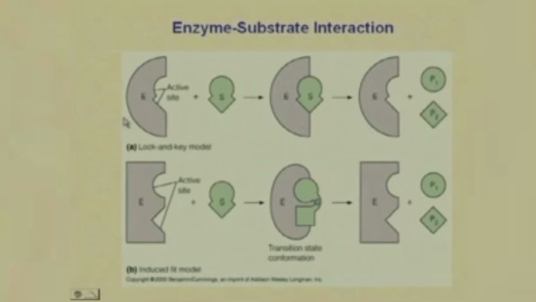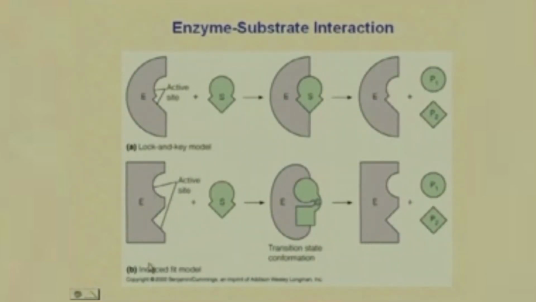So in this, we have our enzyme, we have our substrate. The enzyme substrate complex is formed that considers this enzyme to actually be slightly rigid in nature, where this substrate fits exactly in that pocket or the cleft as it is called, and we have product formation.